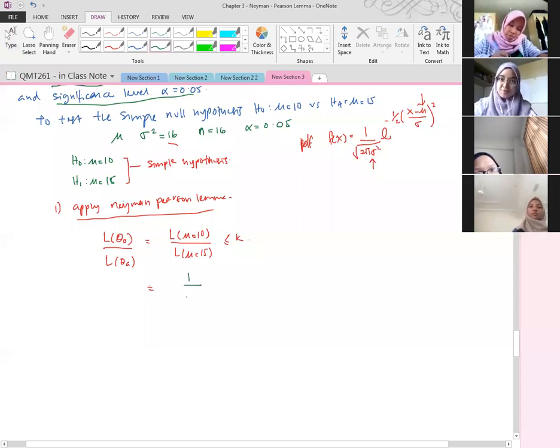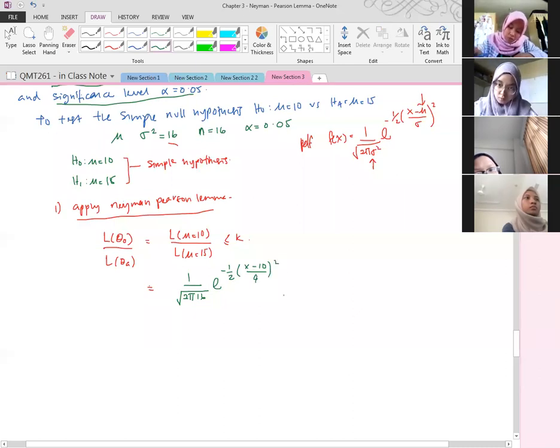1 over the square root of 2 pi sigma squared, where sigma squared is 16, exponential negative 1 over 2 of x minus mu, where mu is equal to 10, divided by sigma, which is equal to 4, squared.